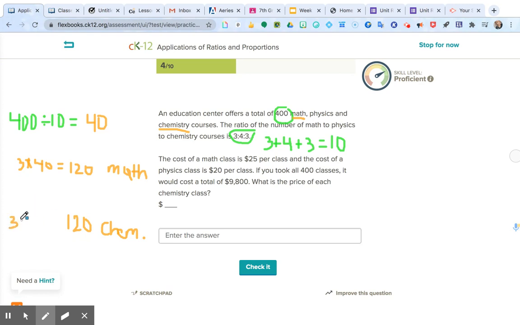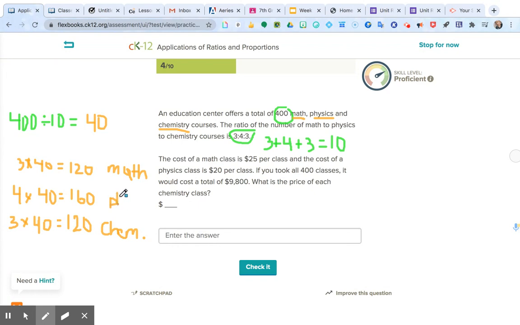And again, I did the rate that they gave me, and then I knew that it was 40 for each of them once I divided. And then the last one I have to multiply by 4, so I'm going to do 4 times 40, and I get 160, which means I would have to take 160, and the middle one was physics.